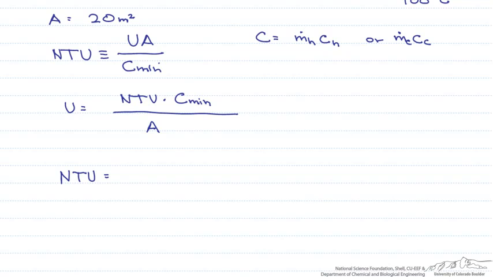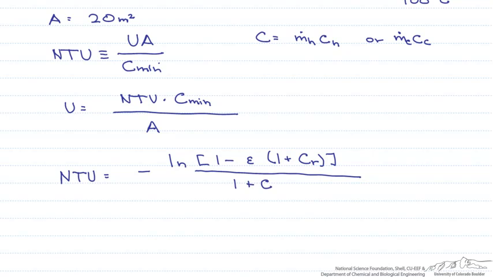And for parallel flow, this is going to equal minus the natural log of 1 minus this effectiveness multiplied by 1 plus C sub r, and this is divided by 1 plus C sub r. This is the ratio of the minimum heat capacity rate divided by the maximum heat capacity rate.